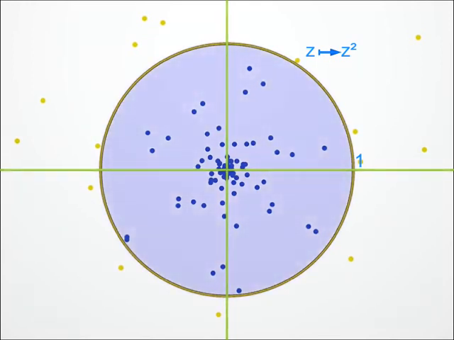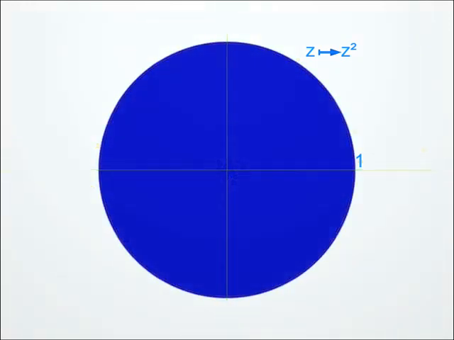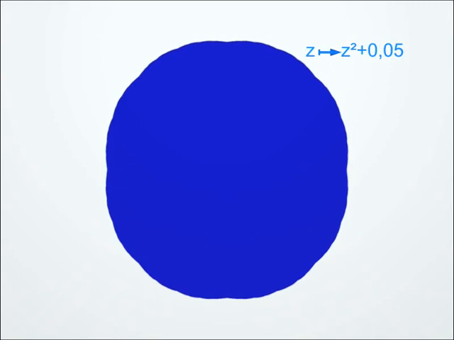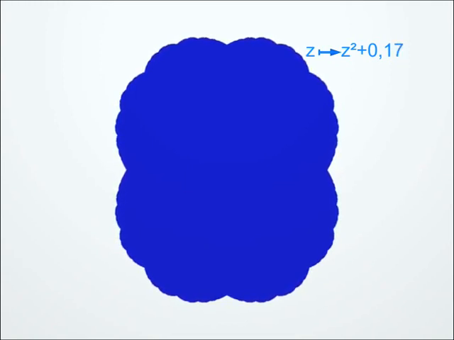We say that the blue disk is the filled-in Julia set of the transformation z squared. Points outside the Julia set escape to infinity when one repeats the transformation indefinitely. But we can play the same game with other transformations, like, for instance, those of the form z squared plus c, where c is a complex number that we will choose at will. For each complex number c, we get a Julia set whose shape changes when c changes.